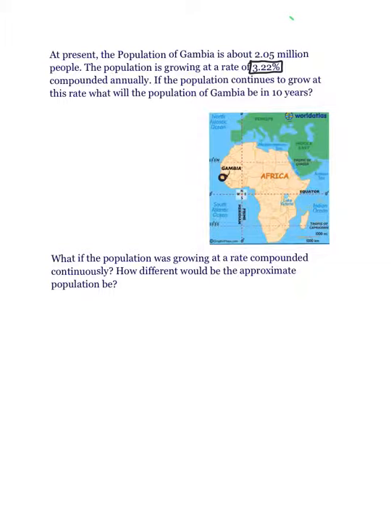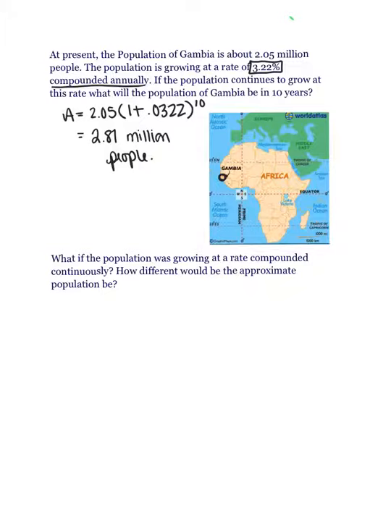Well, it says that population is growing compounded annually. So the amount of people is going to be equal to 2.05, my initial amount, million, times 1 plus 0.0322 raised to the t, which is 10 years. So if I plug this into my calculator, I end up with 2.81, and that is in million people.